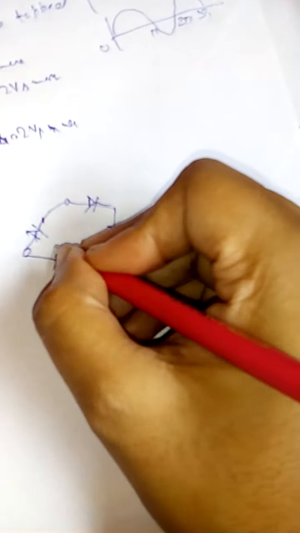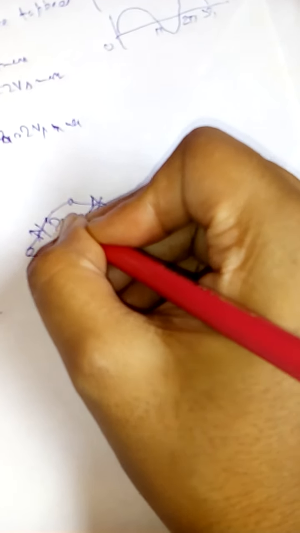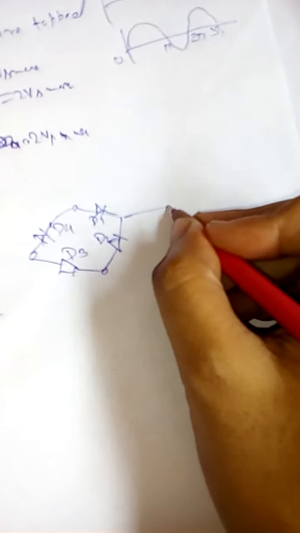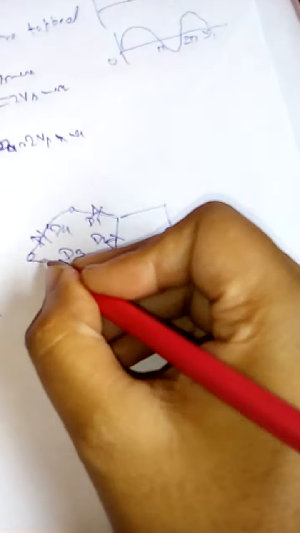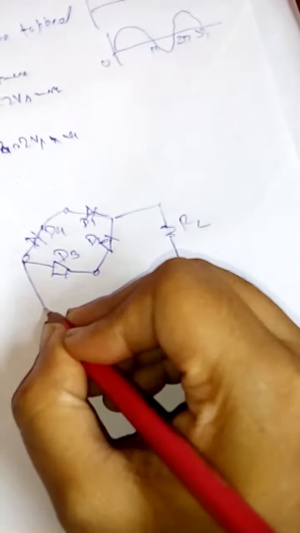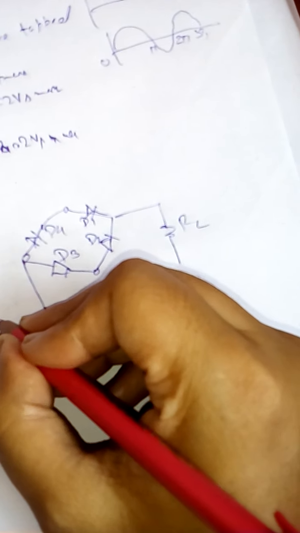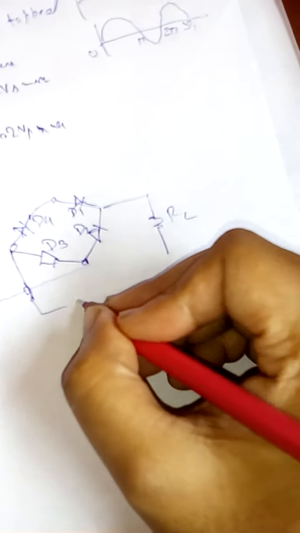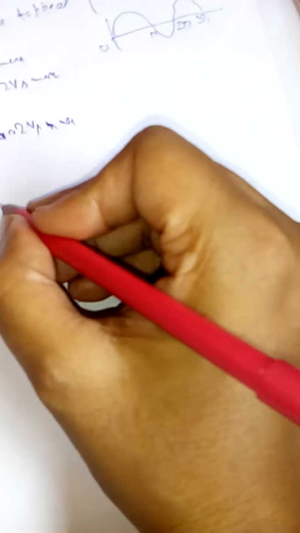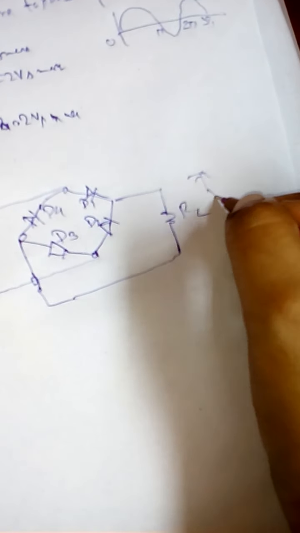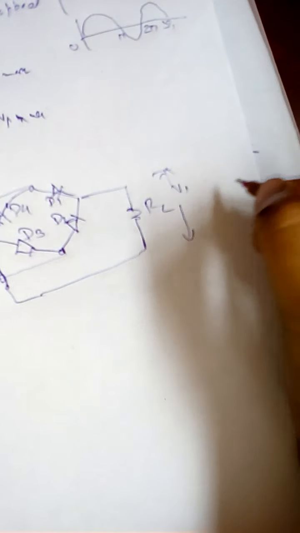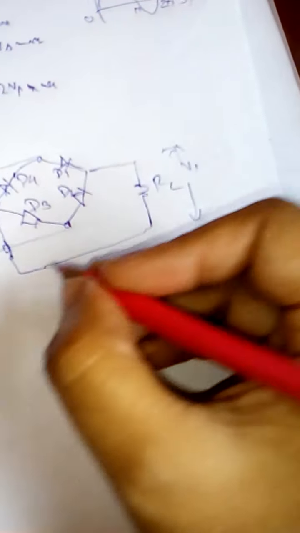So this is D3, D4, D1, D2. Here we take the RL. Here we get V1 from here. So if we see the output, what we get is a full wave rectifier output.